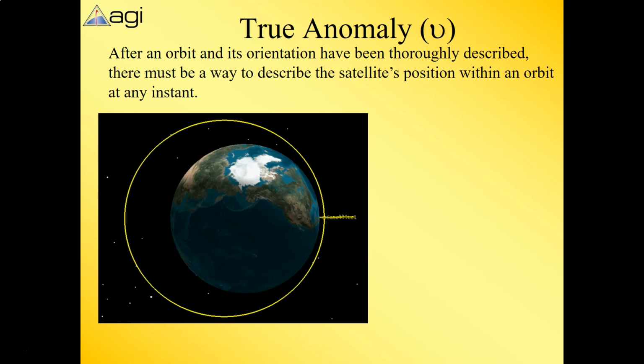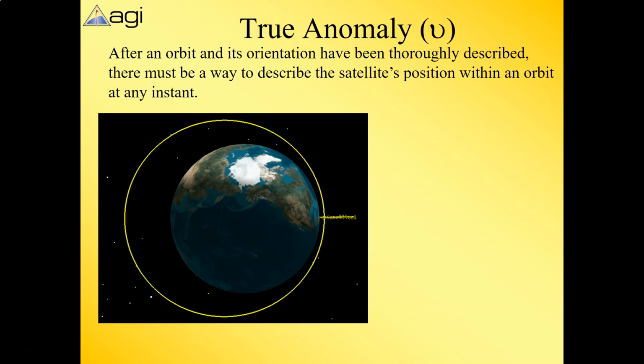It's very important to note that a timestamp must always be associated with true anomaly. For example, if a time is not provided to state when a satellite is at a perigee point, it would be impossible to know when it will be at its apogee point or any other point along the orbit.